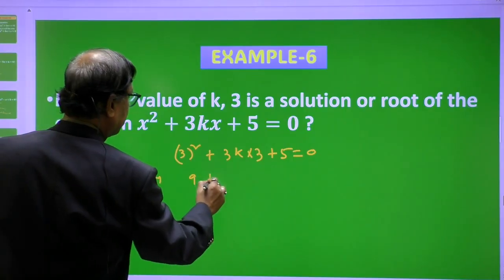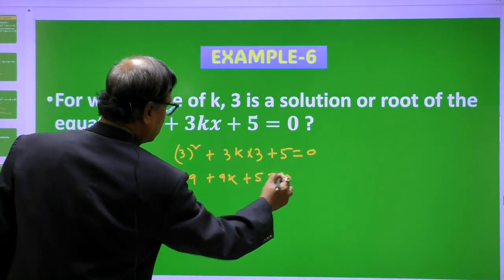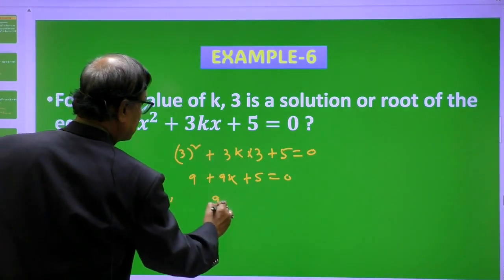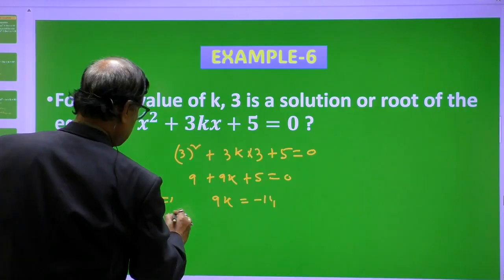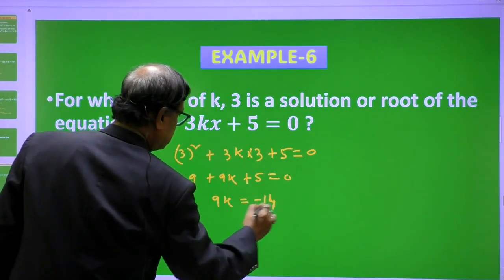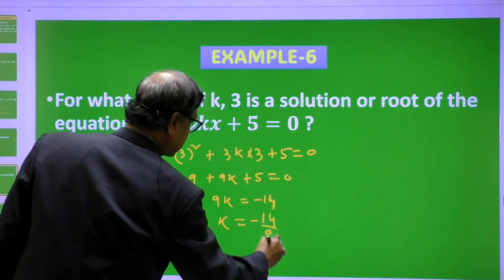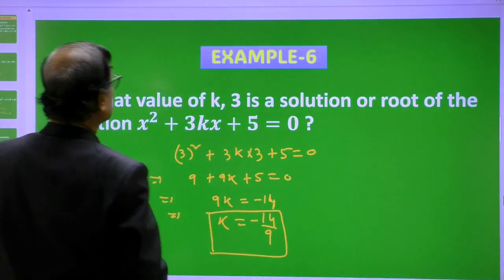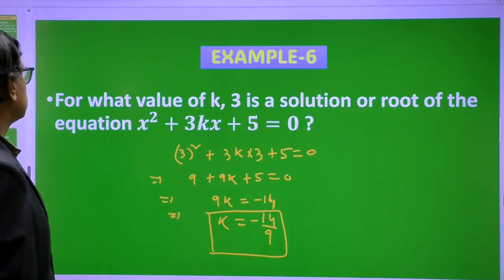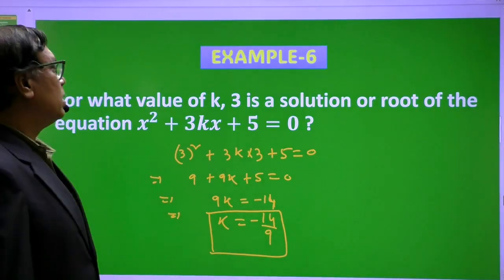Simplify: 9 plus 9k plus 5 equals to 0. That implies 9k equals to minus 14. So k equals to minus 14 upon 9. So this is the value of k and this is our answer. Clear, students?